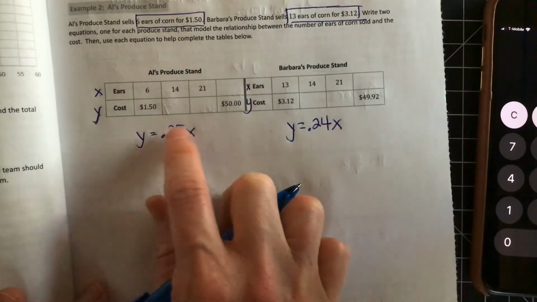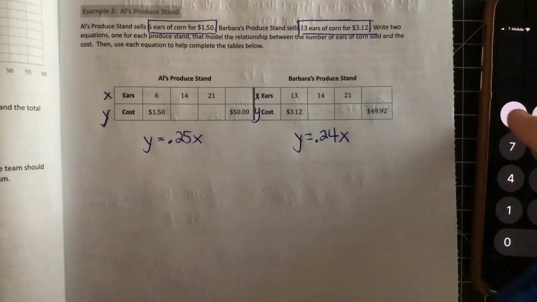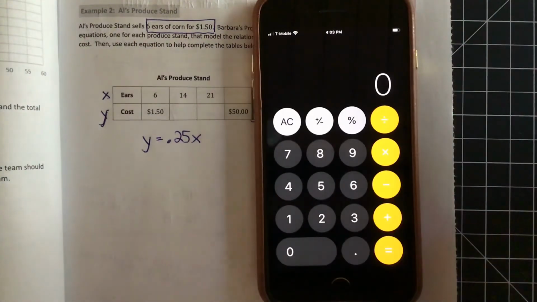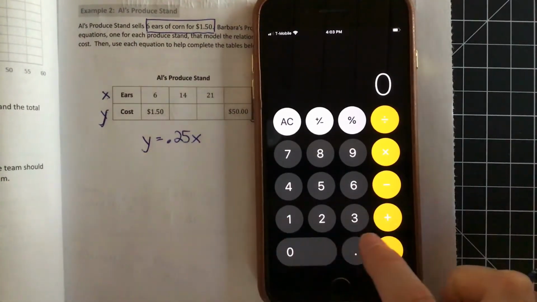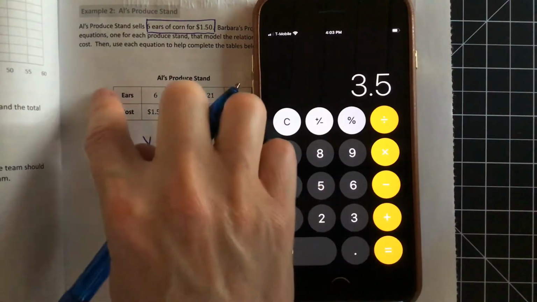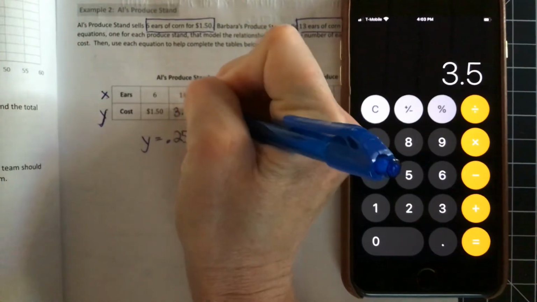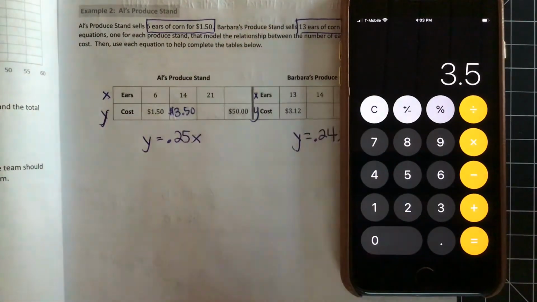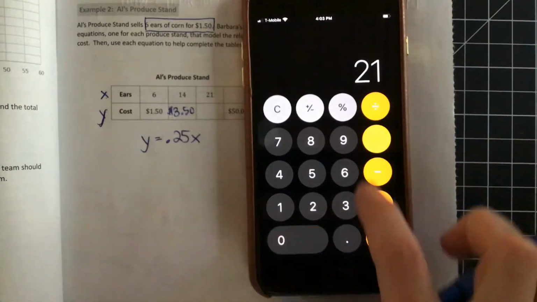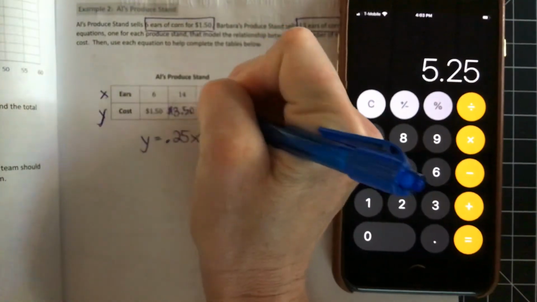Okay, so to solve it, we could just plug in different numbers over here. So we have a quarter here. If I just do this one, right? A quarter times 14. I'm just plugging in that X, and that's $3.50 here. If you put the dollar sign, and then for 21 times a quarter is $5.25 here.